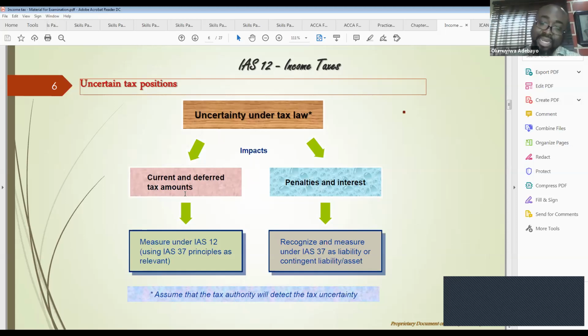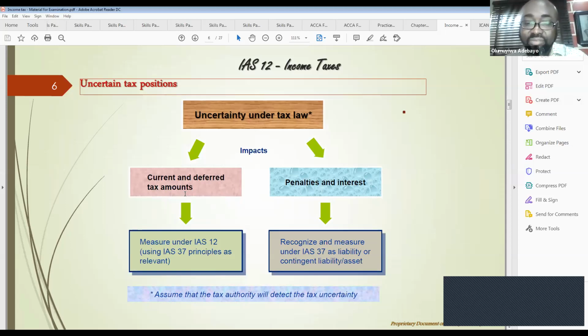Now, if you remember, IAS 8 talked about accounting policies, changes in estimates, and correction of errors. By provision of IAS 8, any resulting difference or adjustment arising from taxes is first considered as a change in accounting estimates.